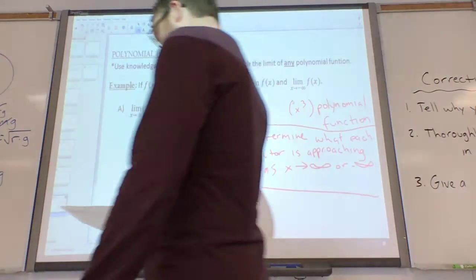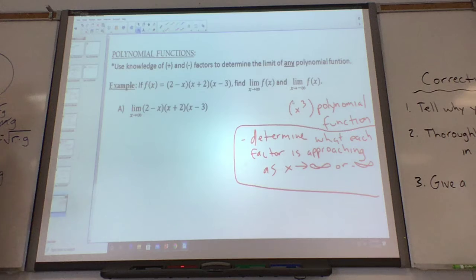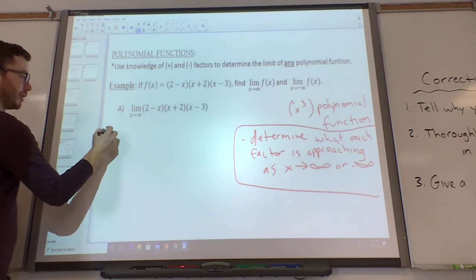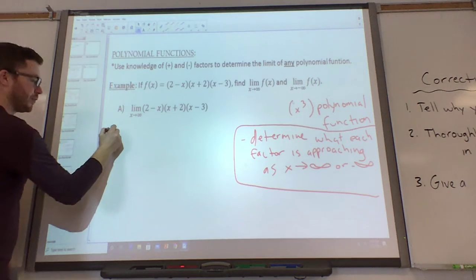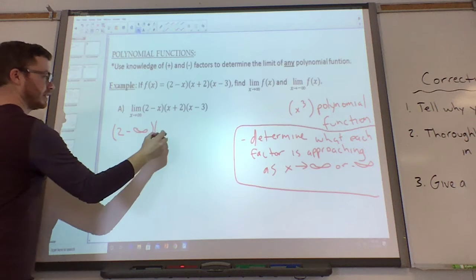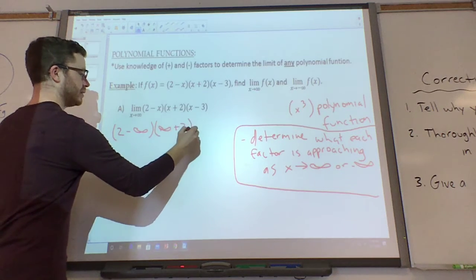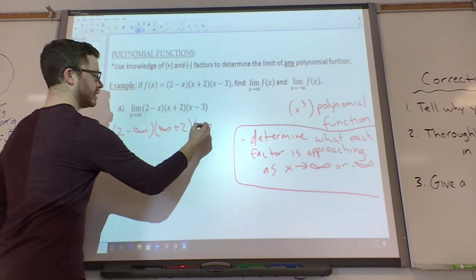Okay, so then we're just going to literally sub in infinity. So we're going to have 2 minus infinity, infinity plus 2, infinity minus 3.